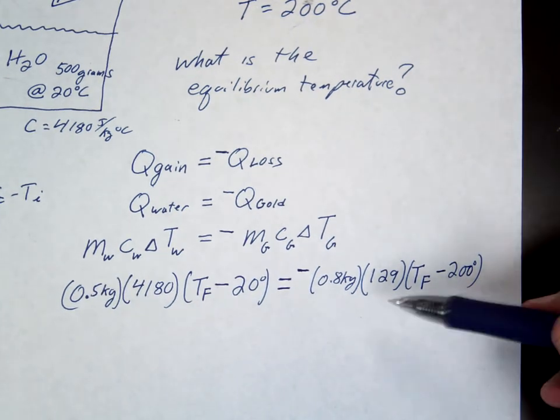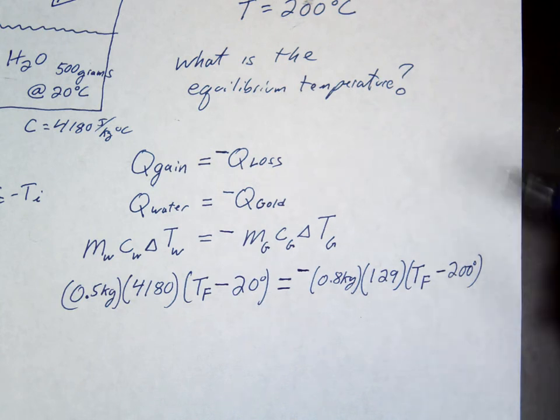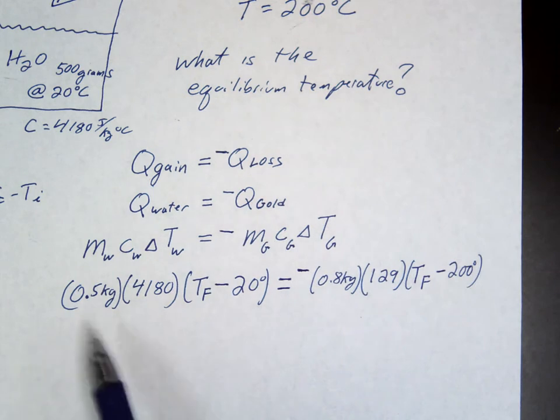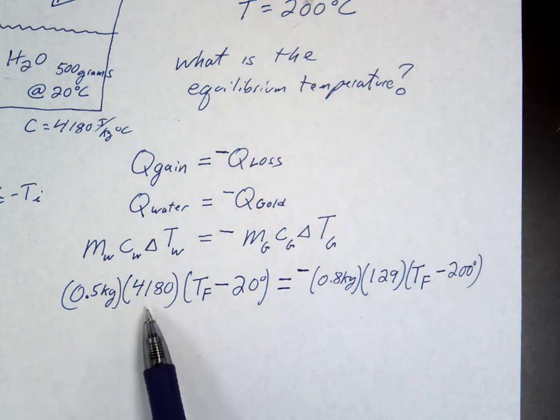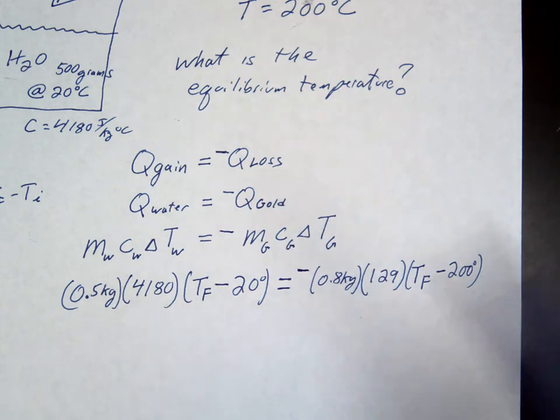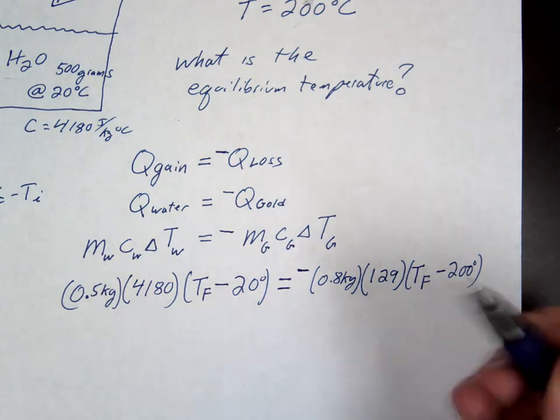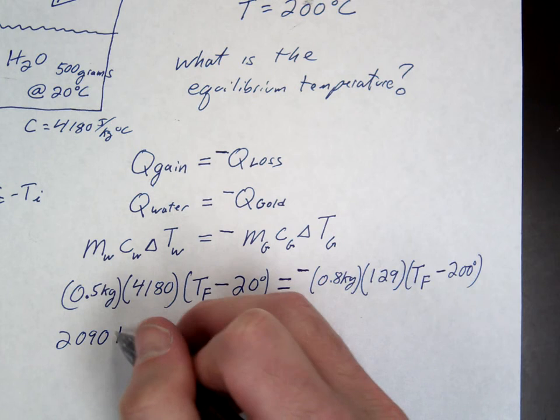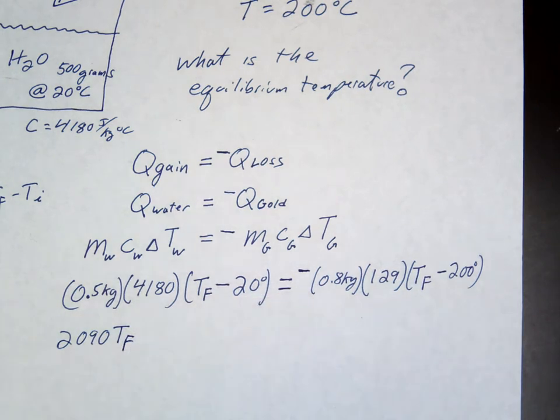Okay, so that's the setup. Probably the hardest part of this problem, honestly, is the algebra. So let's go ahead and multiply 0.5 times 4180 times TF. So what's that, 2090? Times TF. And then we'll multiply 0.5 times 4180 times negative 20.